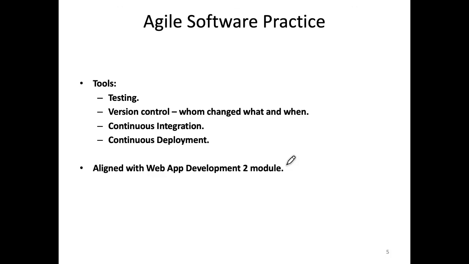I'm involved in both of those modules, but even when I wasn't, we tried to coordinate what goes on between those two modules so that one supports the other. So that's Agile software practice, and that's really as much as you need to know at this stage to give you a sense of the kind of material covered in those modules.